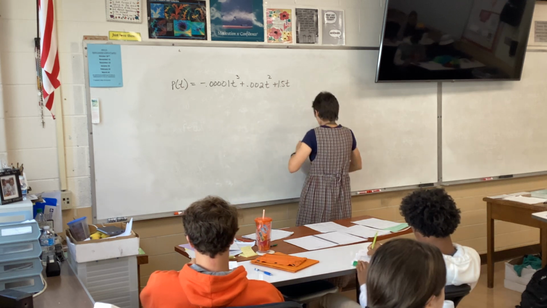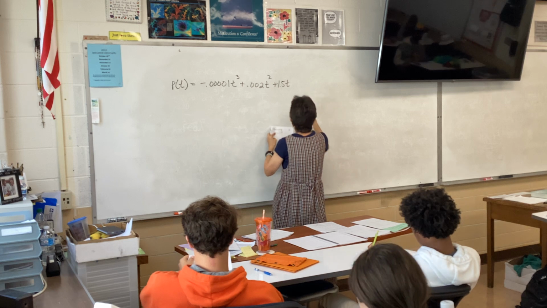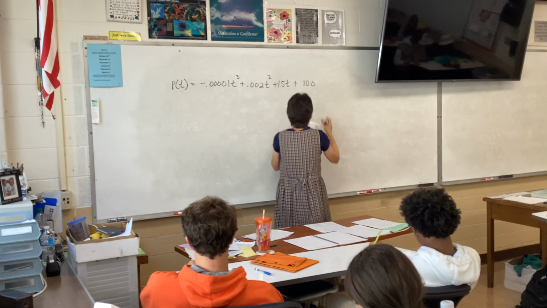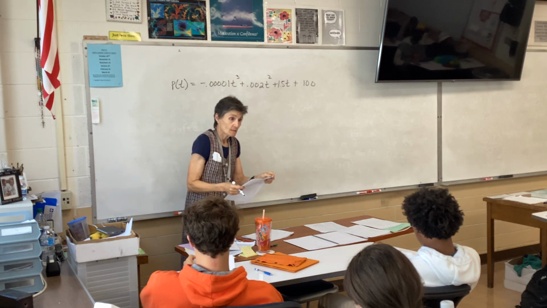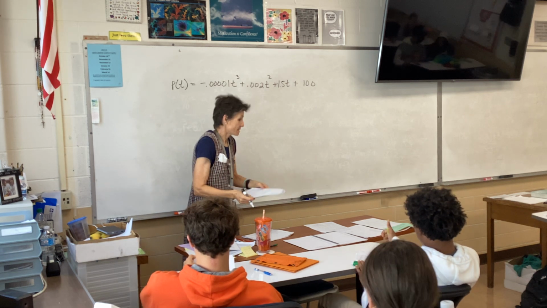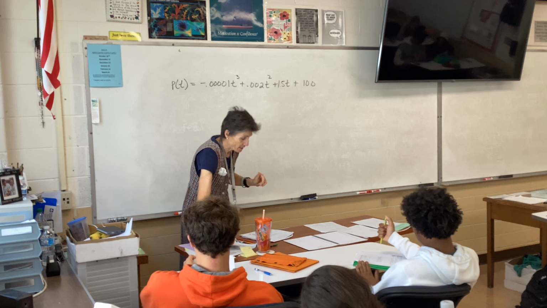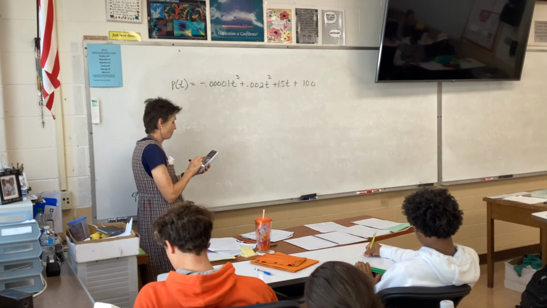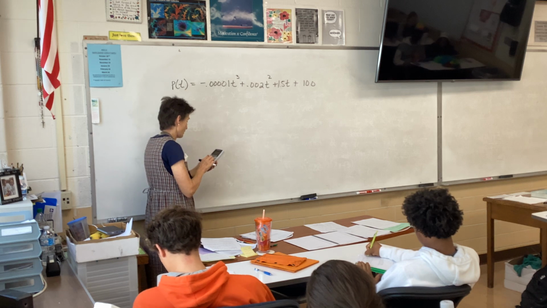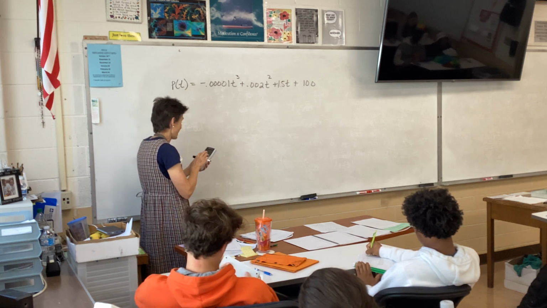What can you tell me about t? It says for appropriate values of t. What can you tell me about t? It's days, so it has to be positive. So x min, or t min in this case, is going to be 0. So I'm not sure how your window is set.